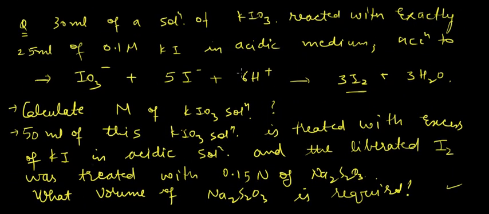Because when this reaction took place, whatever moles of I minus is consumed in the reaction, if the number of moles consumed here is n, then the number of moles of KIO3 consumed would be n over 5.